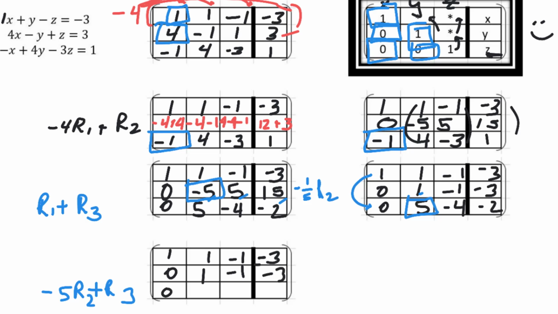Negative 5 times 1 plus 5, the whole reason for doing that. Then negative 5 times negative 1, positive 5 minus 4. So nicely, this step already gives me my 1. Doesn't always work that way, but nice it did. Then negative 5 times negative 3, positive 15 minus 2, I get 13.